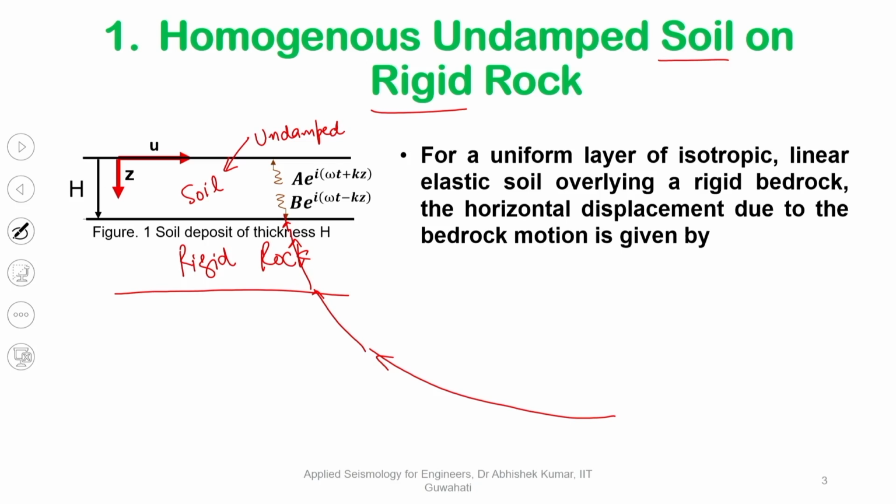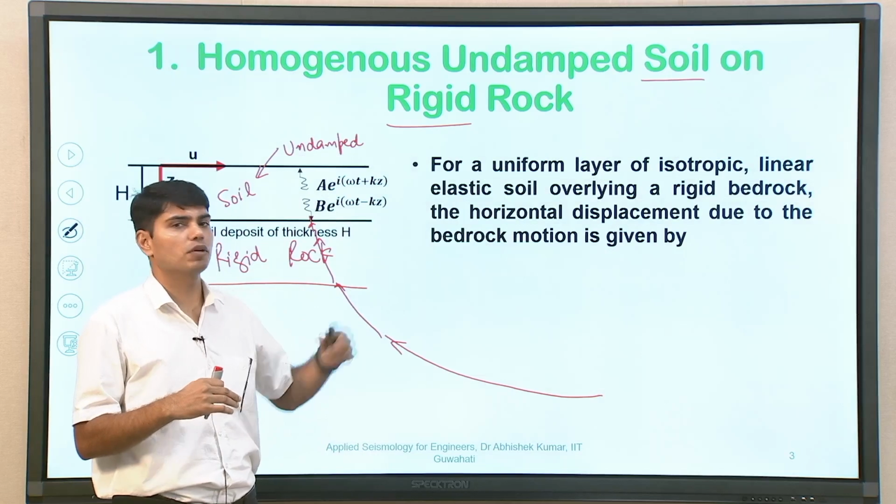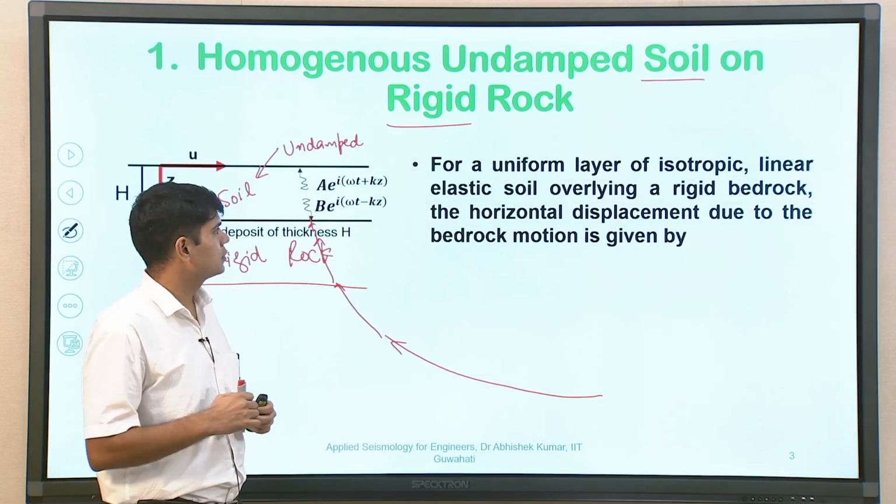So, the only resistance the material is going to offer to external loading will be in terms of a linear elastic spring. That means, corresponding to the loading, the material is only going to offer stiffness, which is going to define how much will be the resistance or modification in the soil properties.